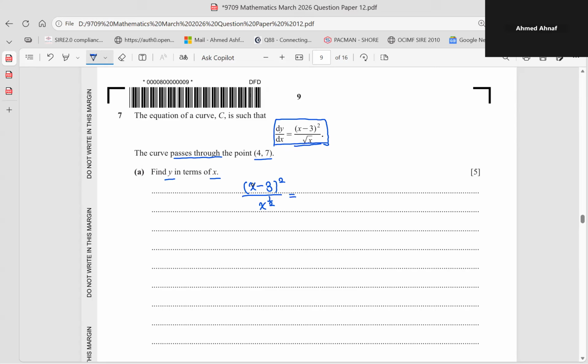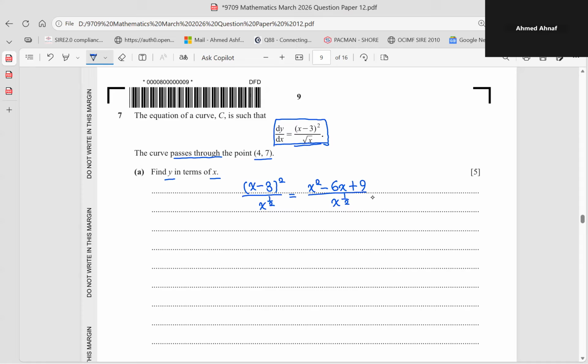For the numerator, we're going to expand it fully. Using a minus b squared, you get a squared, which is x squared, minus 2ab, so 2x times 3, that is 6x, plus b squared, which is 3 squared, so 9, over x to the power of half.